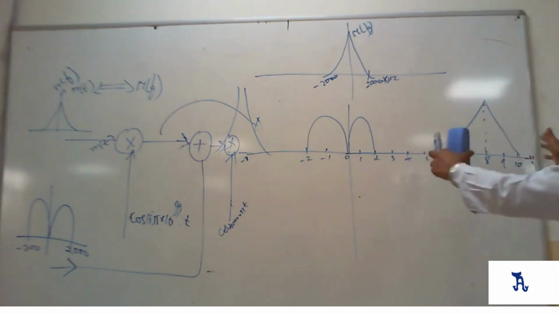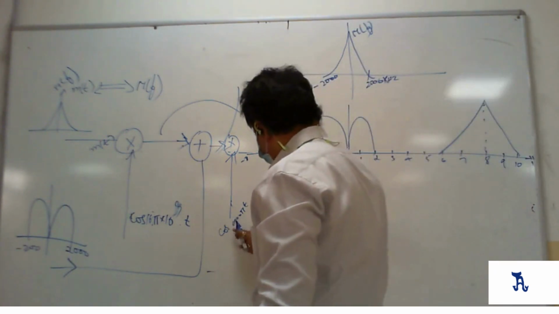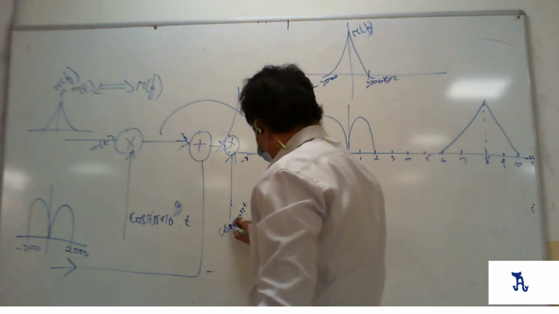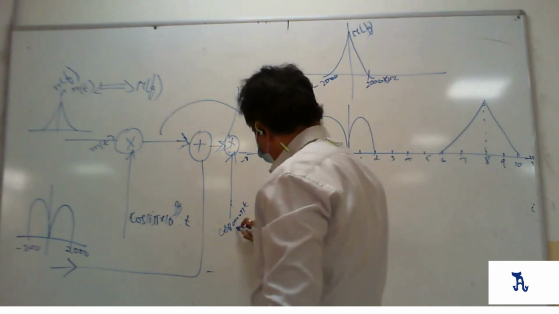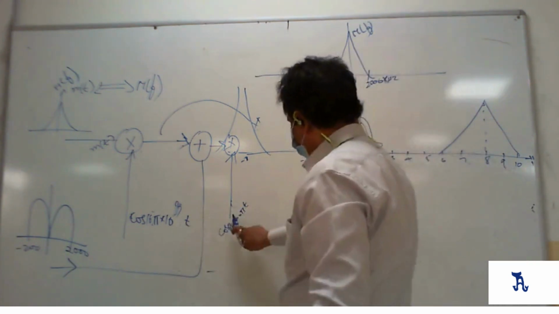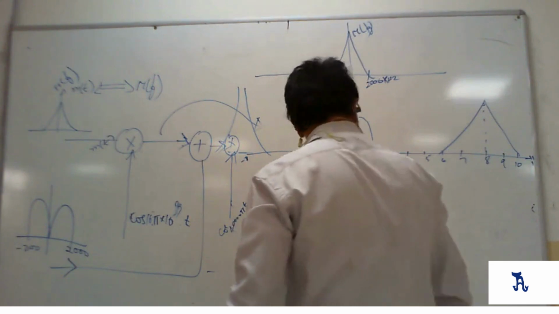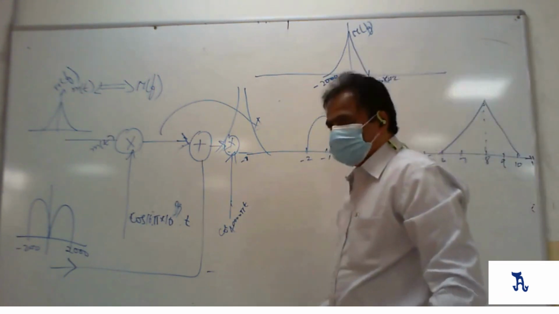Of course, we need to have enough space. Instead of 40,000, I will take 80,000, meaning 40 kilohertz. 40 is enough, no problem. Cos 40,000 pi into t.